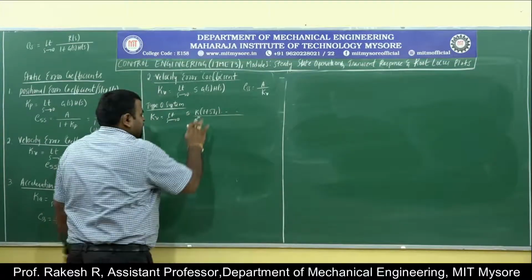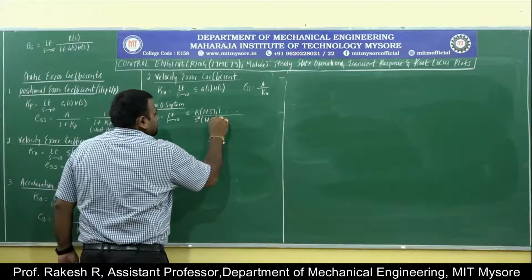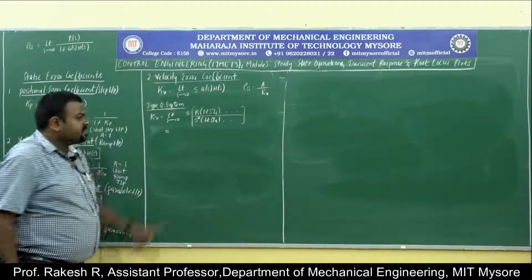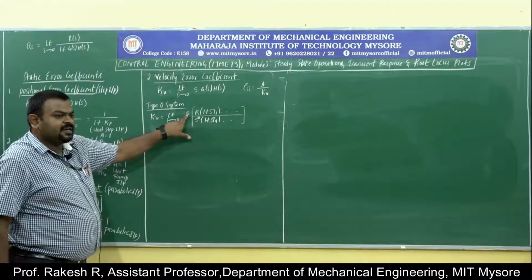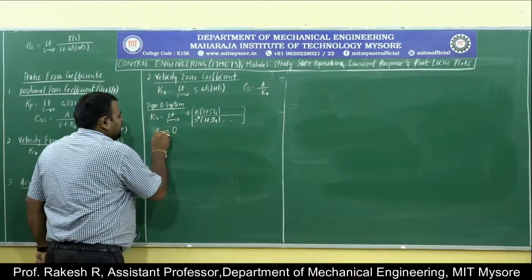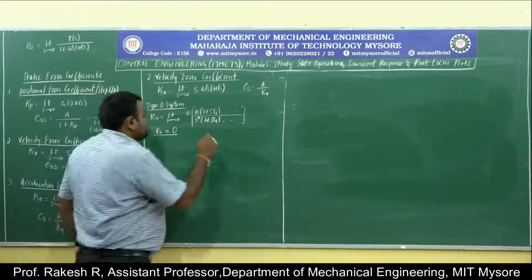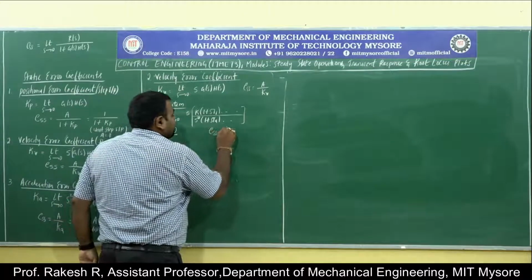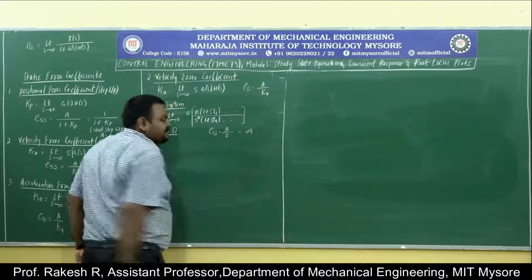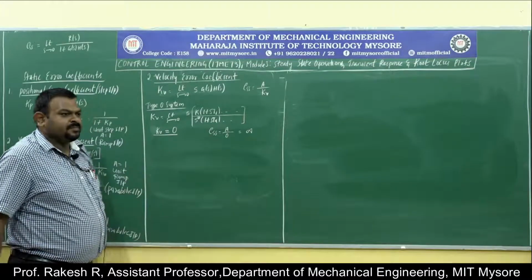S to the power of n will be equal to 0 here, (1 plus sTa), (1 plus sTb), etc. So if I apply the limit here, what happens? This s will get dominated, it will be 0. So the proportionality constant for velocity will be equal to 0 for type 0 system. Similarly, steady state error A by 0, what is A by 0? Infinity. So we need to avoid this system.